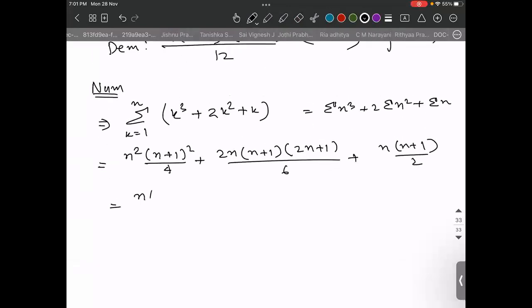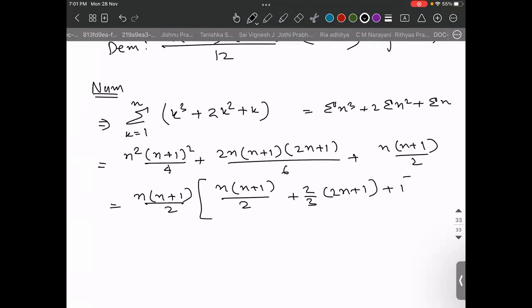Okay. Now what we can write this? We just take n into n plus 1 upon 2 common. What we will get? N into n plus 1 upon 2 plus 2 by 3, 2n plus 1 plus 1. Okay. So can we write n into n plus 1 upon 2? Solve this equation. So the LCM will be 6, right? LCM will be 6.